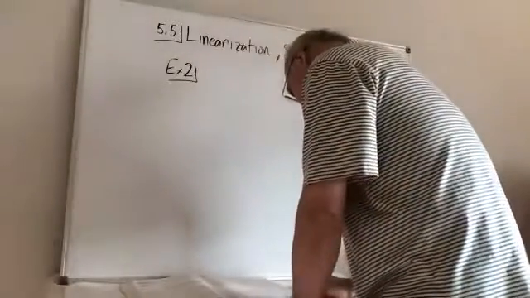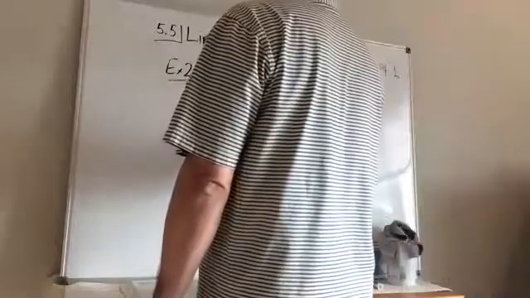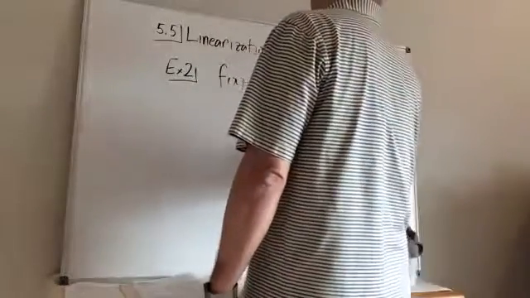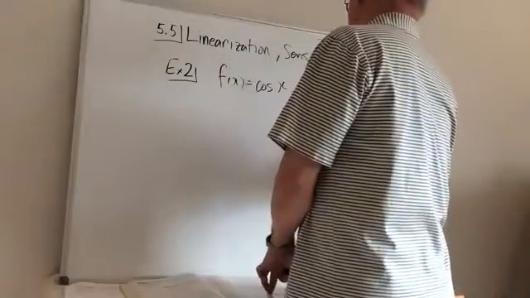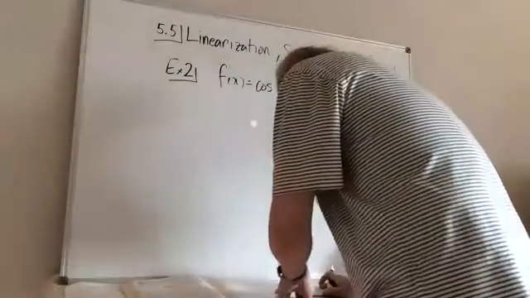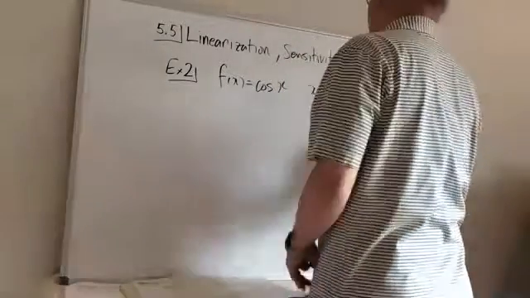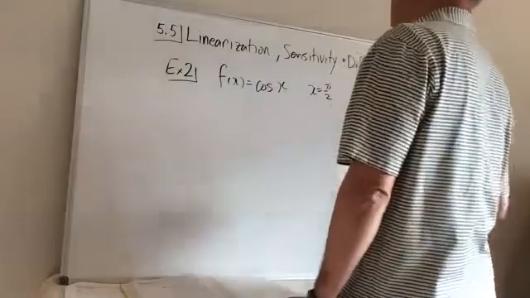In example number 2, it says find a linearization of f of x equal to cosine x at x equals pi over 2, and use that to approximate cosine 1.75. So we're trying to approximate when x is equal to 1.75.